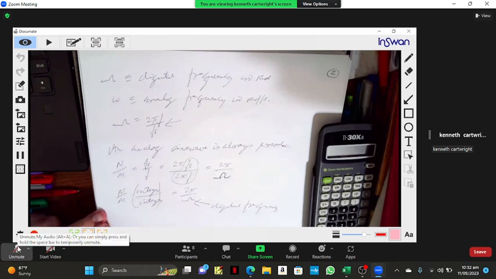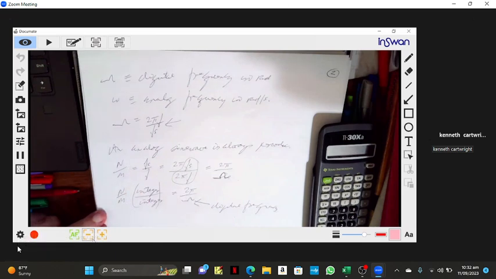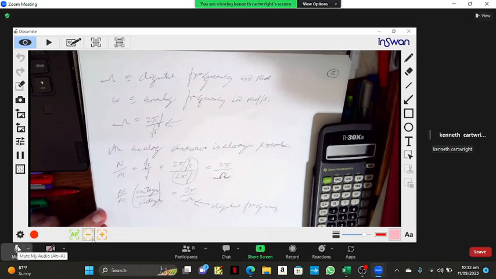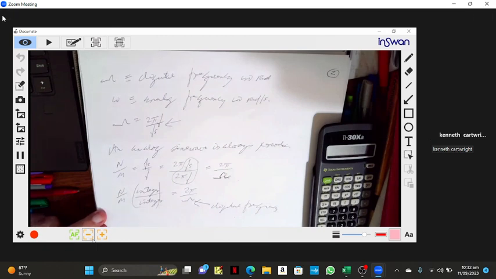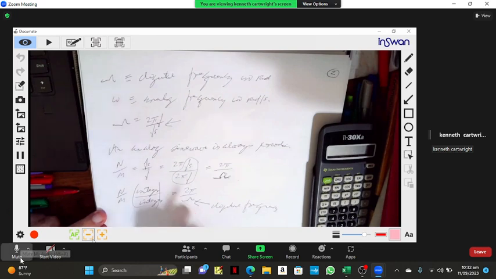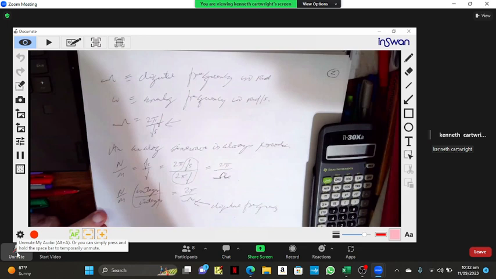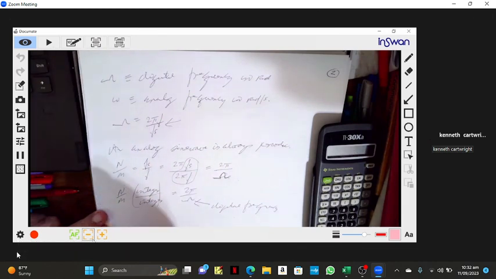I'm saying it's an integer divided by an integer, in other words, a rational number. All this equation is saying is: take the digital frequency, divide 2 pi by it, and you must end up with a rational number.